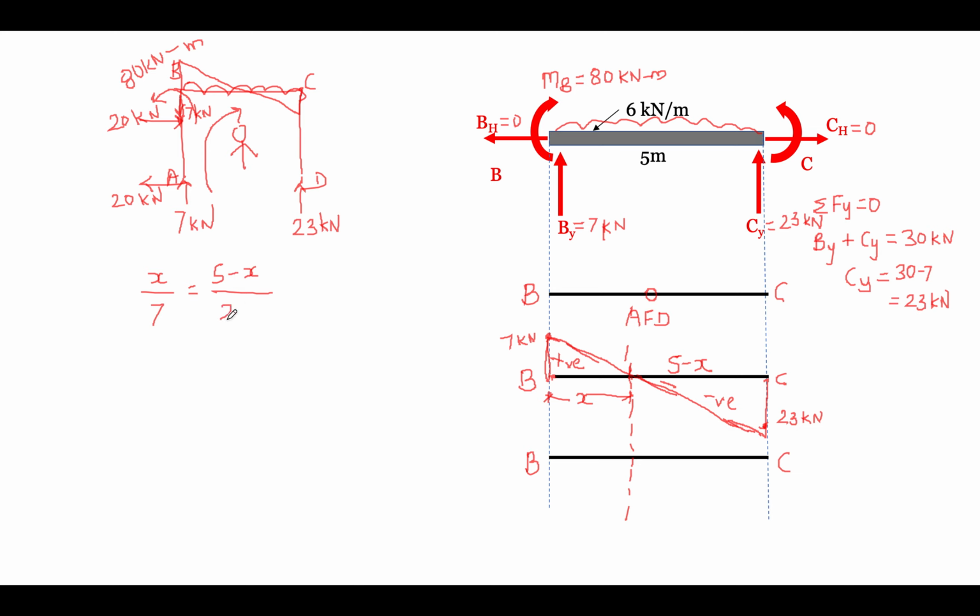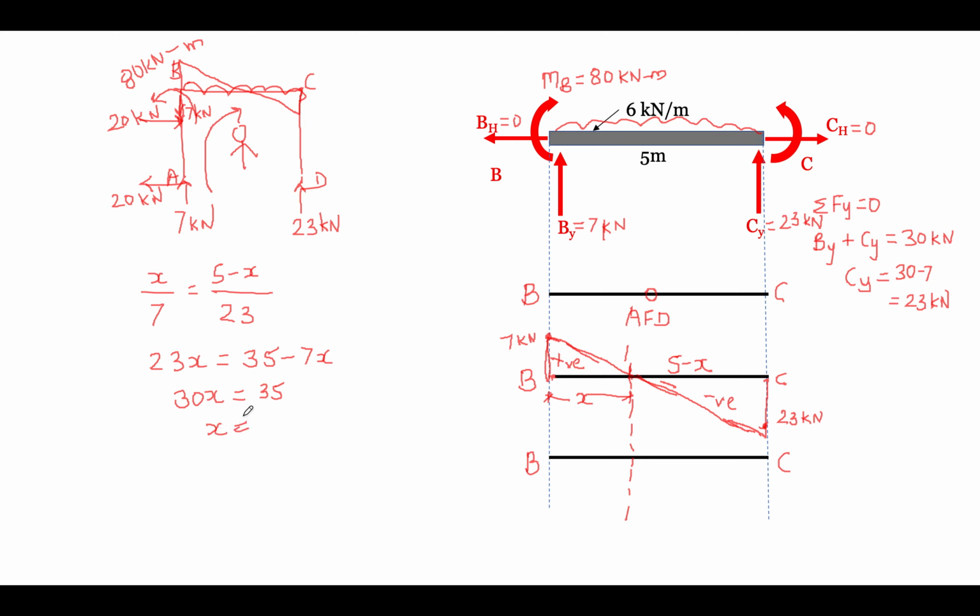When we solve this equation, 23x is equal to 7 fives are 35 minus 7x. If this 7x goes this side, it will become 30x. 30x is equal to 35.